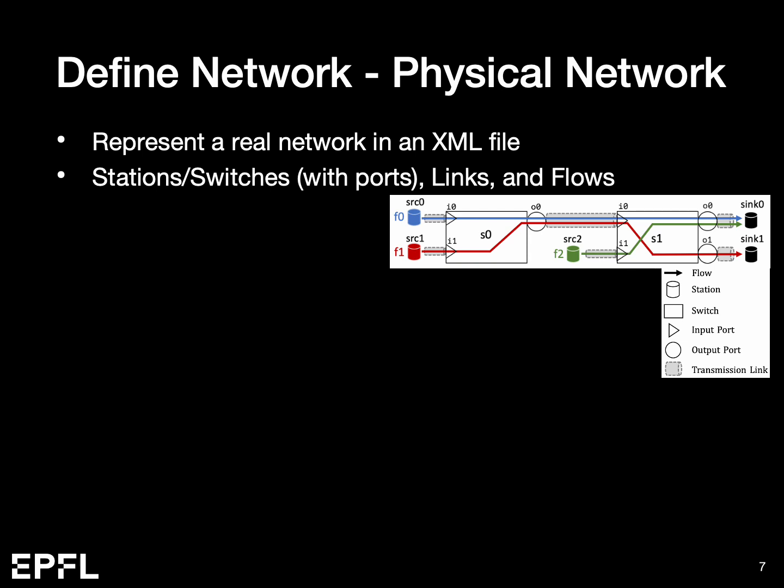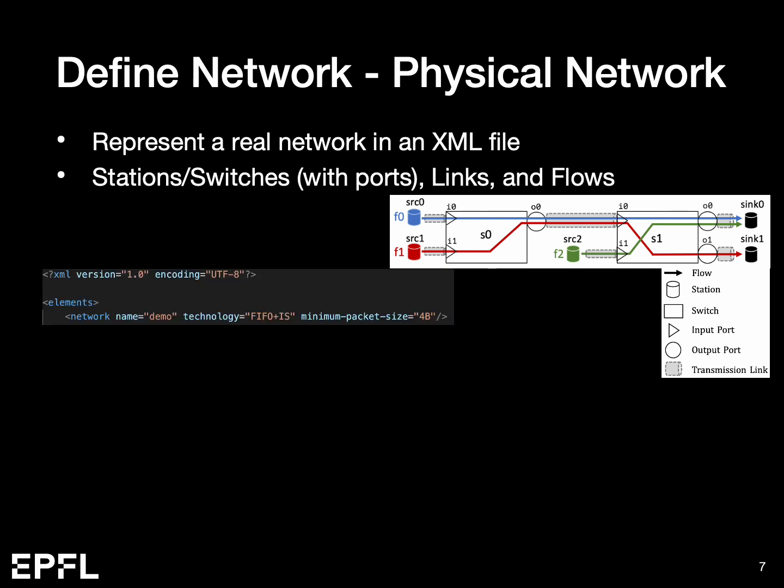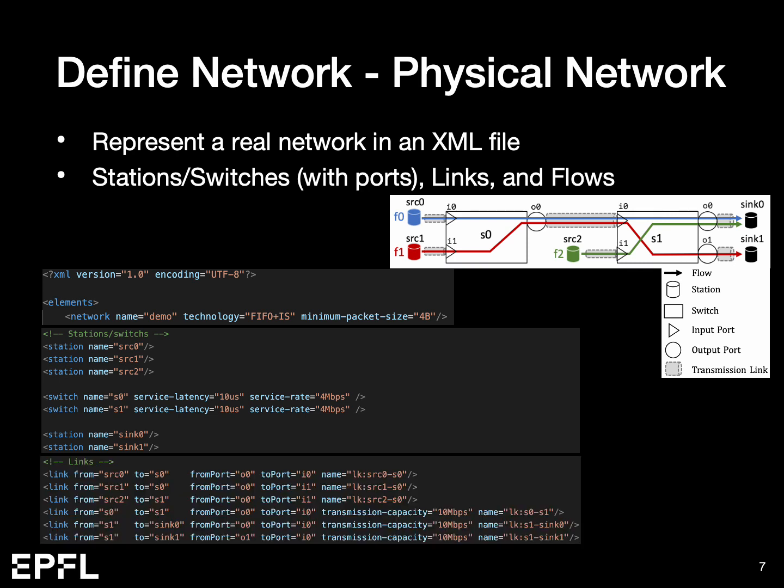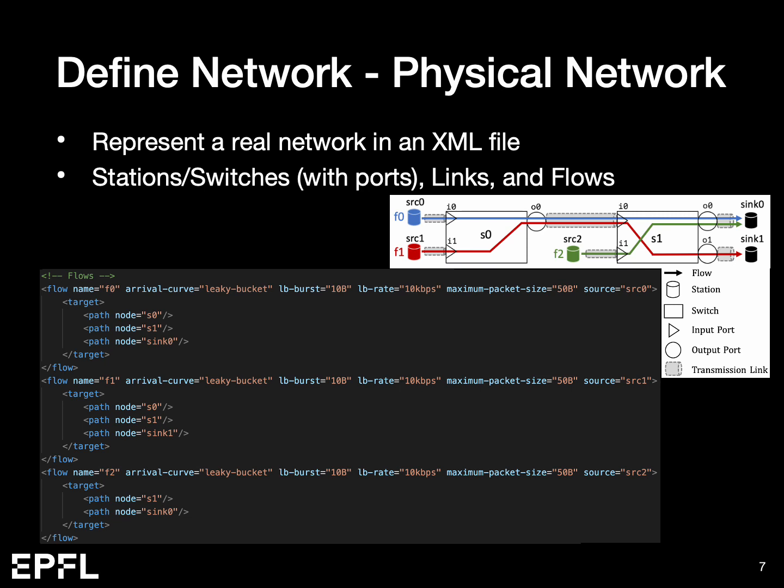They go from data sources via switches with their input and output ports, and finally go to the sinks. With the example presented here, you can define the general network information, the stations and switches as the physical devices, transmission links, and the flows. The parameters of the flows and the devices are defined as their attributes inside these entries.